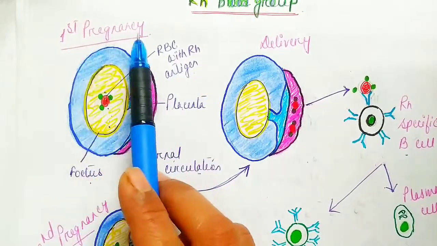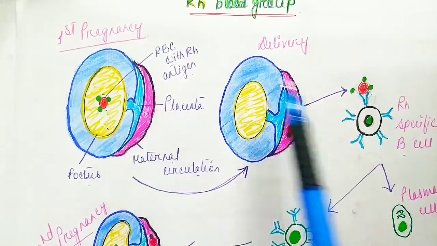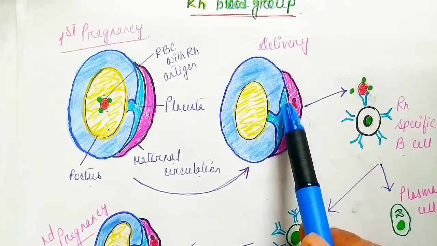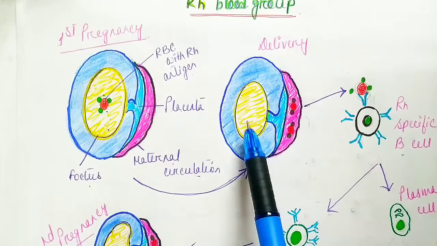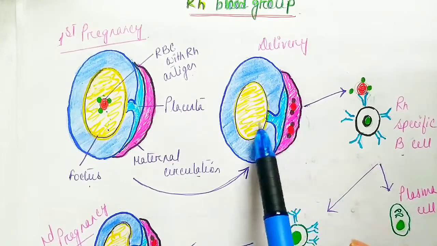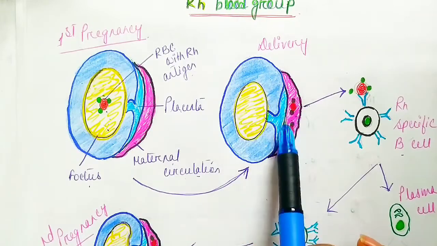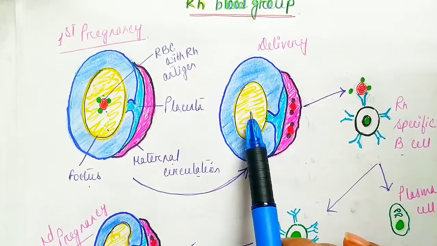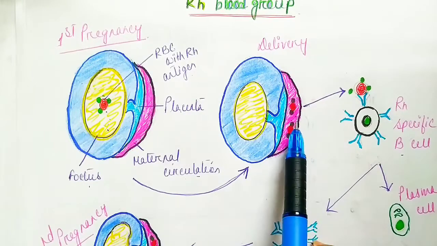In the first pregnancy, no complication arises, as the blood of the fetus and the blood of the mother are completely separated by the placenta. But during the first delivery, there is a maximum chance of mixing of the RBC of the fetus with the blood of the mother.